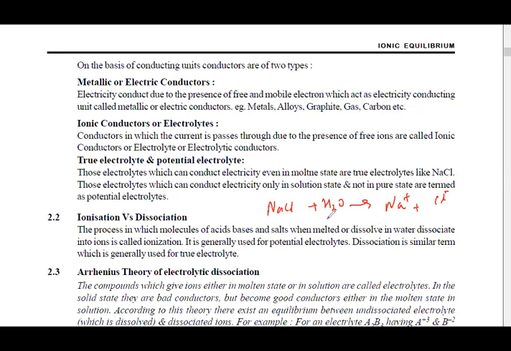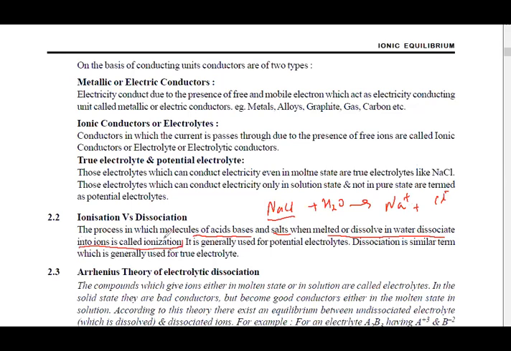So when a salt is dissolved in a solution, it breaks down into ions. That is ionization. The process in which molecules of an acid, base or salt, when melted or dissolved in water, dissociate into ions is called ionization.